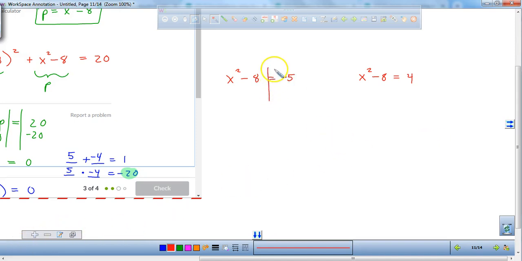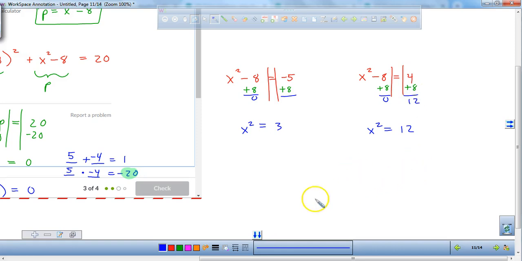We're going to come up with some interesting answers, and I'll show you guys how to type them into Khan Academy. So right here, we're going to add 8 to both sides. Over here, we're going to get x squared, this zeroes out, 8 minus 5 is 3. Over here, we're going to get x squared equals 12, because this zeroes out. 4 plus 8 is 12.